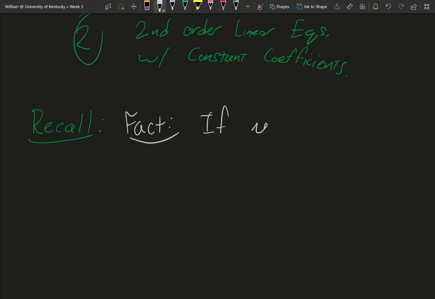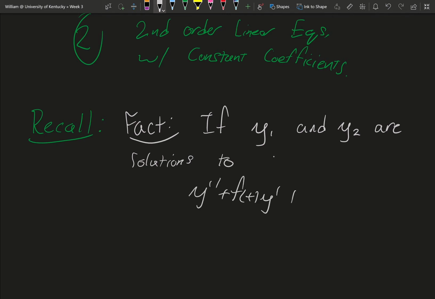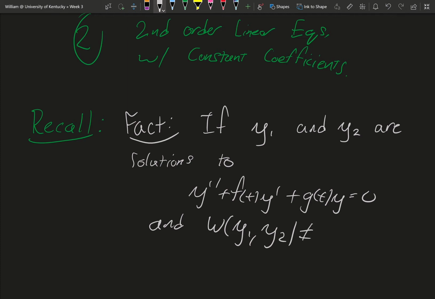If y1 and y2 are solutions to a homogeneous second-order linear equation, and the Wronskian of y1 and y2 is non-zero.